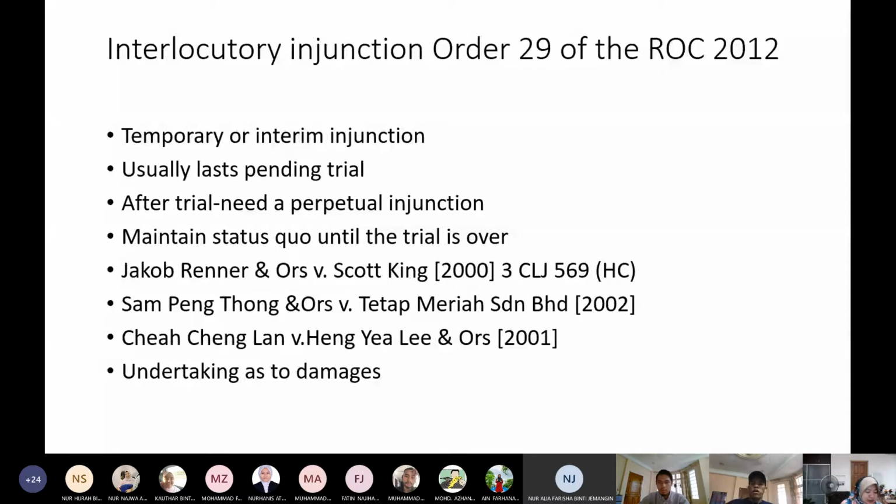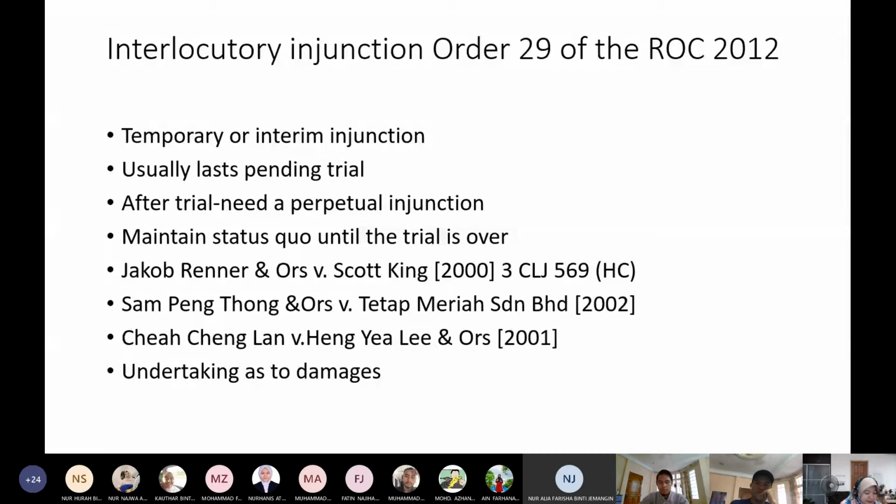Usually it's inside the chambers, whereby only the plaintiff's solicitor will be presenting before the judge without the presence of the defendant's solicitor. If the court grants an ex parte injunction, it will only last for 21 days. You need to remember this for interlocutory, 21 days only. And then after 21 days, the ex parte injunction will automatically lapse.